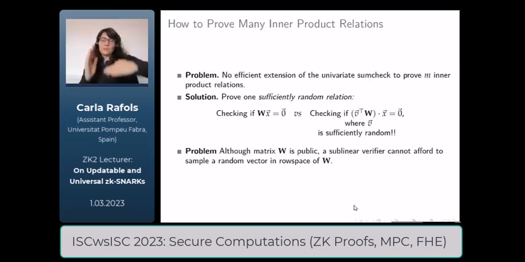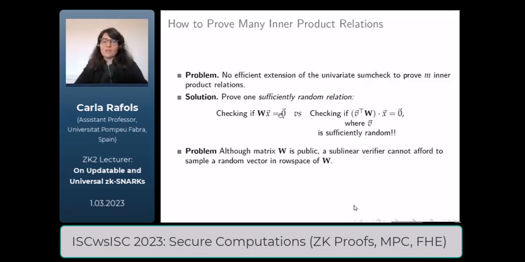So I would like to prove m of these relations, but I only know how to prove one in this polynomial version. So the solution is, since I only know how to prove one relation in this succinct way, instead of trying to prove these many relations, I can try to collapse them and prove just a single one.